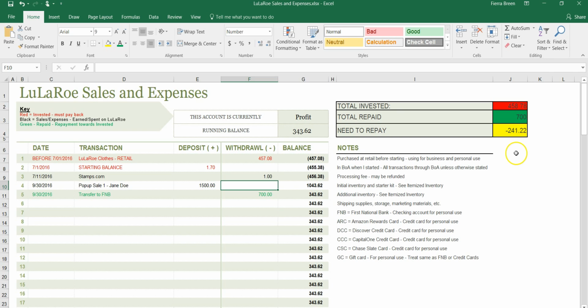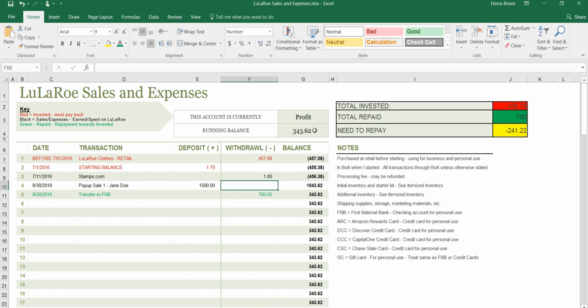So basically I have paid myself $241.22 and I have $343.62 in my LuLaRoe account that I can spend on extra storage bins or new inventory or whatever, what have you.